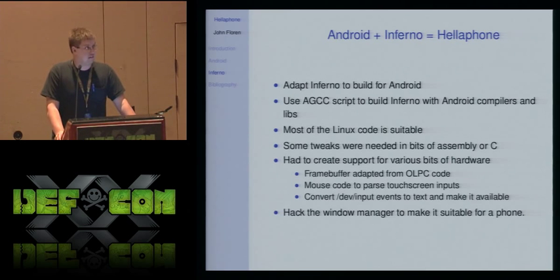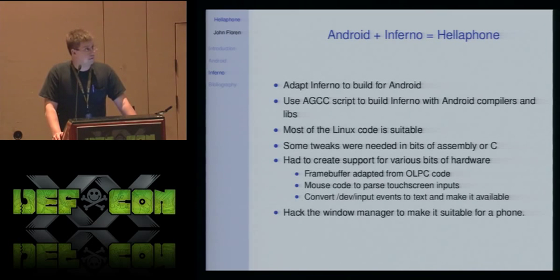Now that we had a Linux system sans all the Java, we just had to adapt Inferno to actually work on the Android device. There are some hoops you have to jump through in order to actually get it to build, because Android has its own set of libraries like Bionic, which is their libc. And so it's a little bit different from GNU libc, which is what Inferno expects.